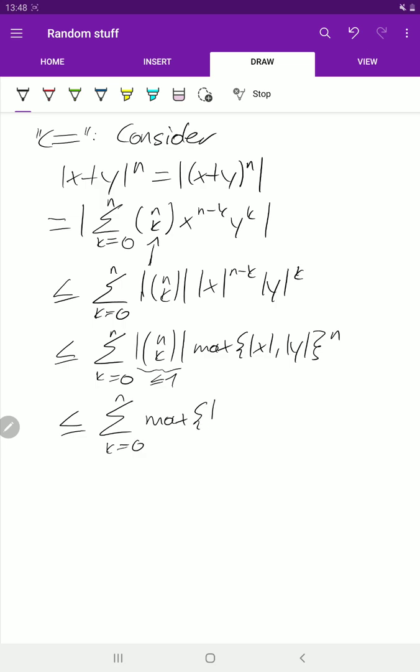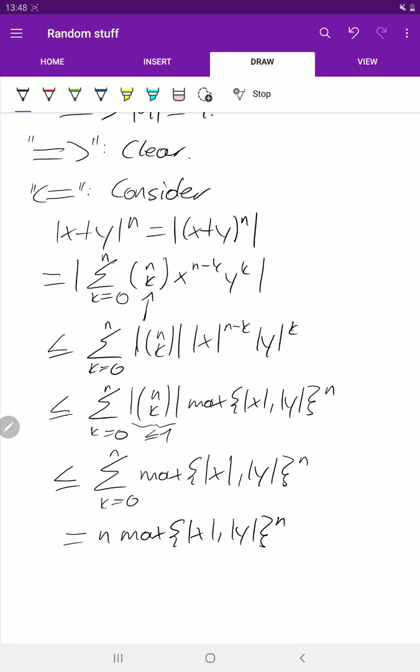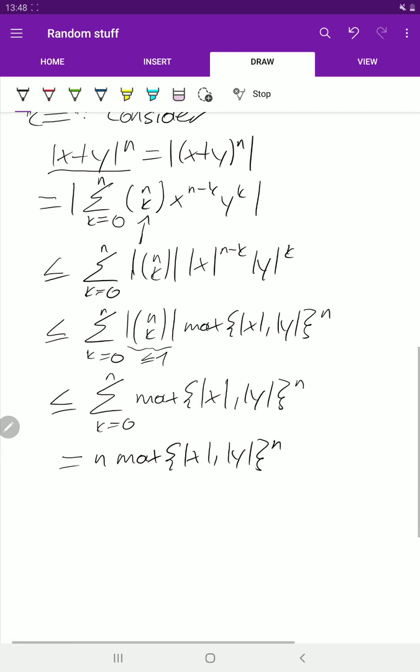So we get the maximum of the absolute values of x and y to the n. Then we just add this up n times. Now let's look, what do we have? We have the absolute value of x plus y to the n is at most that.